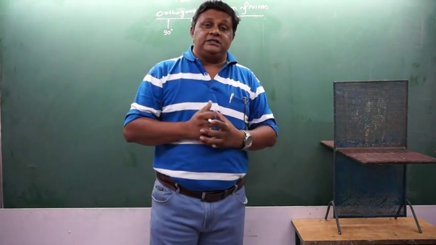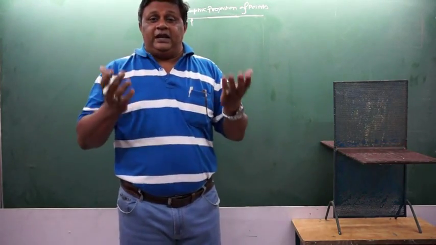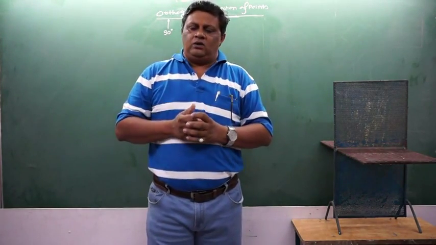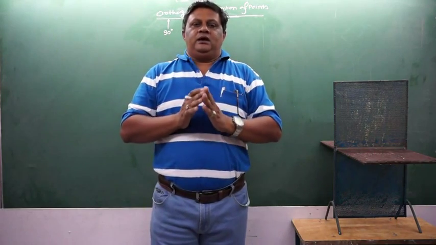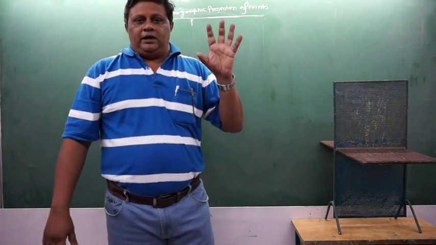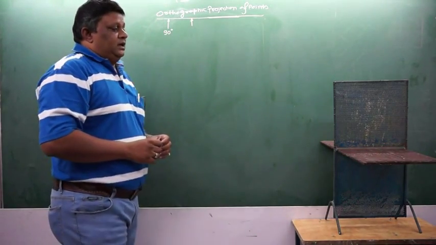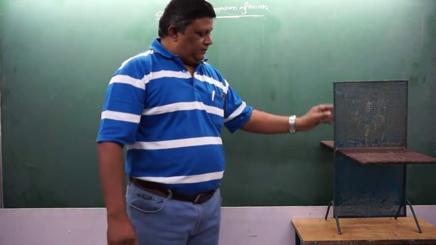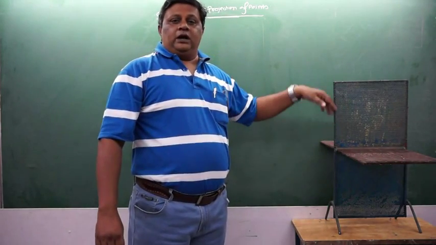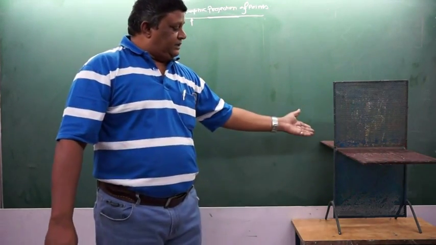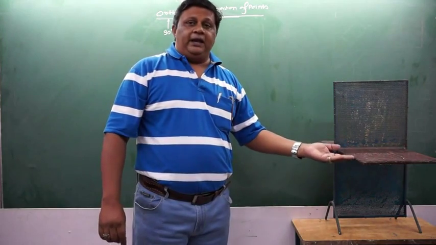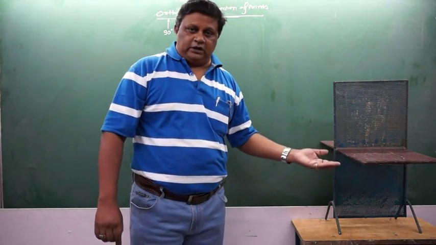But the question arises, where is this screen for us, or where is the projector? This screen is simply replaced by your reference planes, and there are two basic reference planes. One is the vertical plane, the plane which is perpendicular to the ground, and the other is the horizontal plane, the plane which is parallel to the ground.